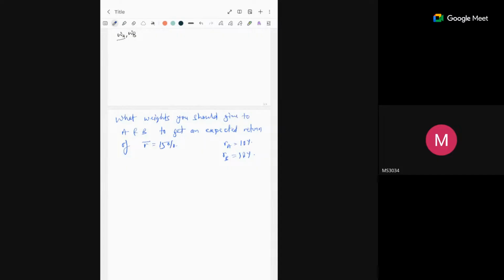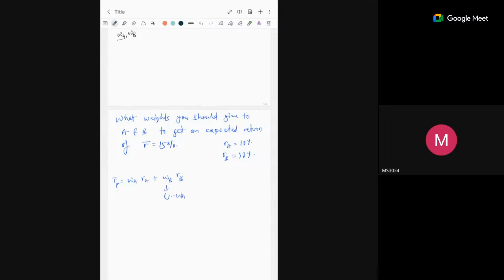So the expected return of a portfolio will be W A star times the expected return of A, plus 1 minus W A star times the expected return of B, as there are only two assets and the weights sum to 1.